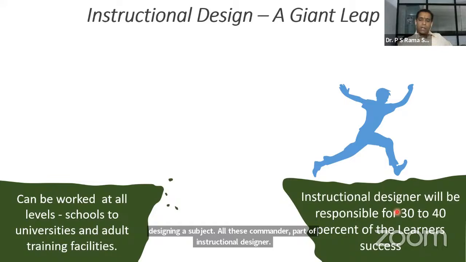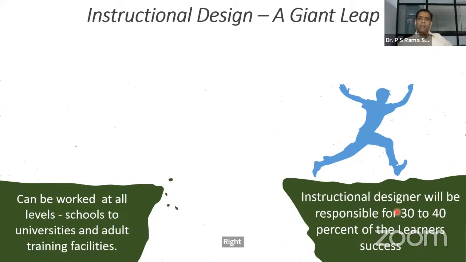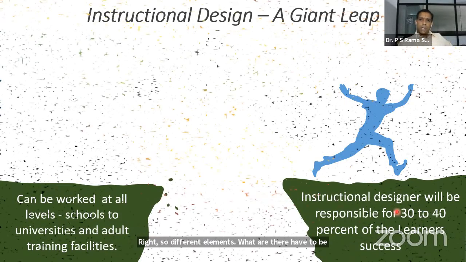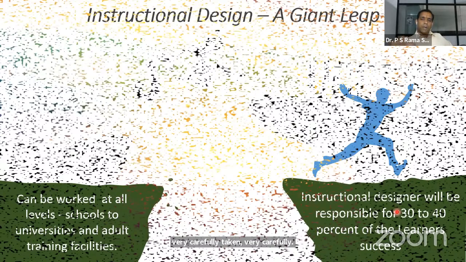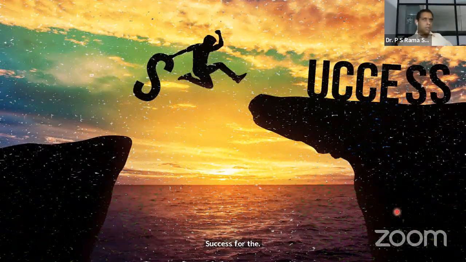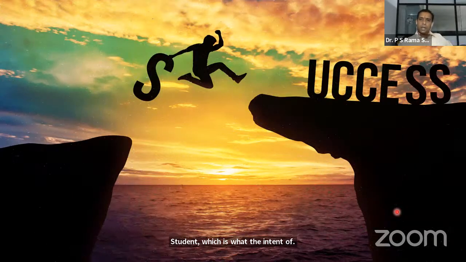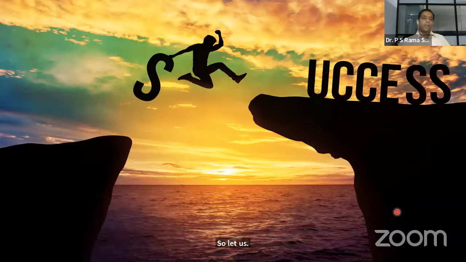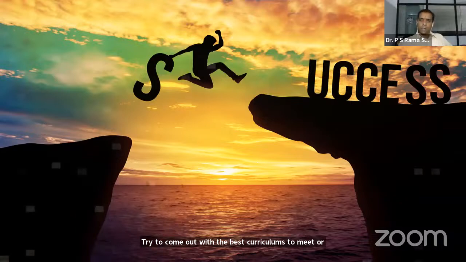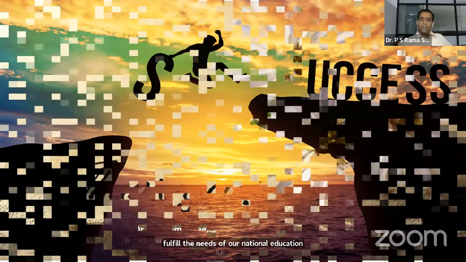So different elements have to be very carefully chosen, so that it will bring the ultimate success for the student, which is the intent of all the educational universities and organizations, right? So let us all try to come out with the best curriculums to fulfill the needs of our national education policy. So with that, I would call it off.